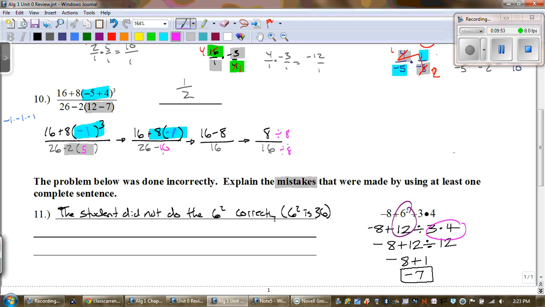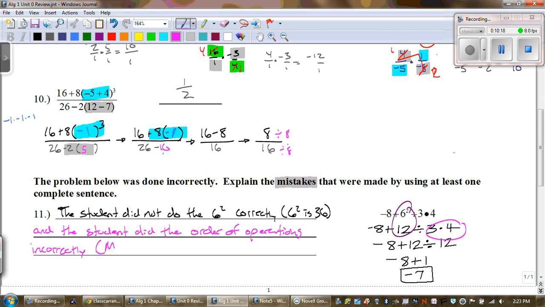So I would go on by saying, and the student did the order of operations incorrectly, okay?